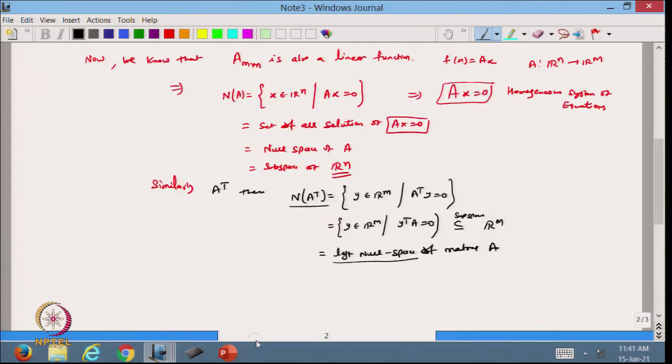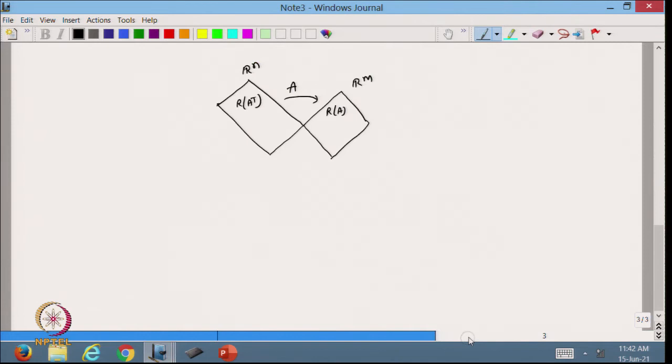This null space is a subspace of Rn, the null space of A, and here is the null space of A transpose. So these are the 4 subspaces always attached to a given matrix of order m cross n.